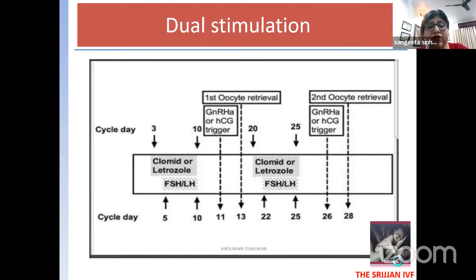So we start the stimulation, we have done the pickup, but there are 2 or 3 follicles which are 7 millimeter, 8 millimeter. So you can restart the stimulation and do the pickup. So these are the latest tips and bits for patients who have poor ovarian reserve and need their own oocytes. We can extract the oocytes, do the pooling, and then do the transfers.